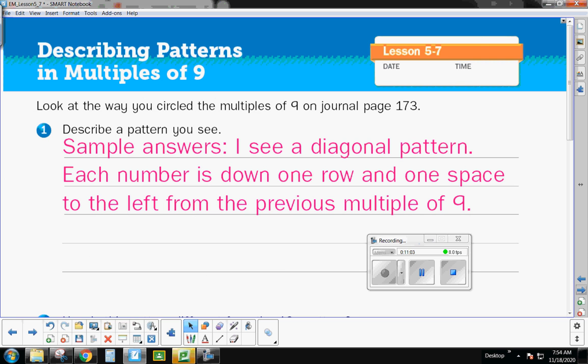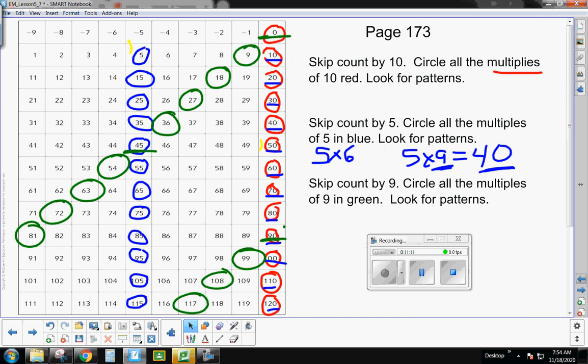I know that each number is down one row and one space to the left from the previous multiple of 9. What I mean by that is every time I went down one and back one, down one and back one, down one and back one, as I was skip counting by 9s.